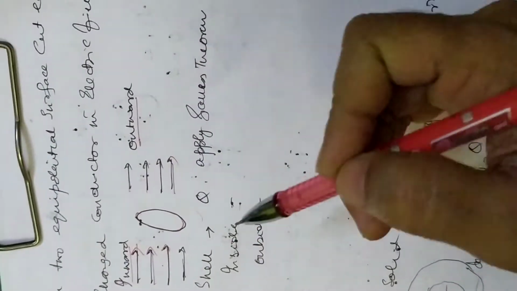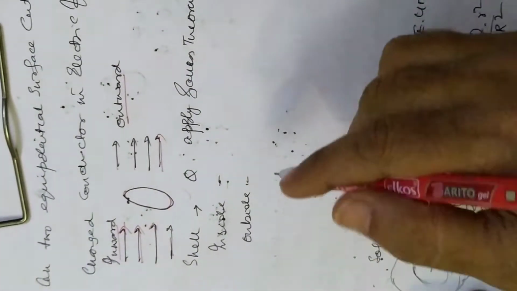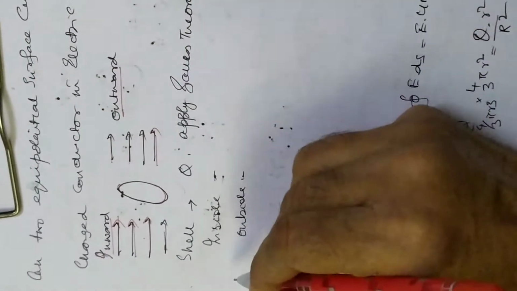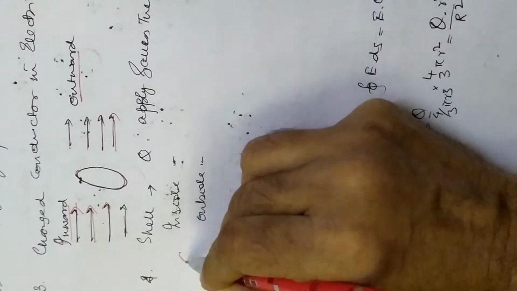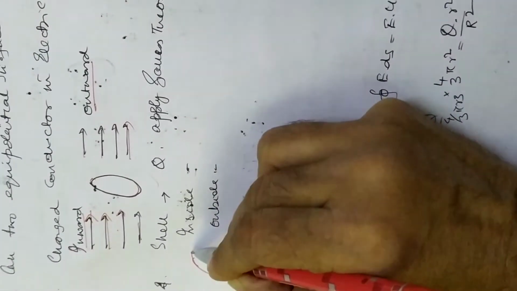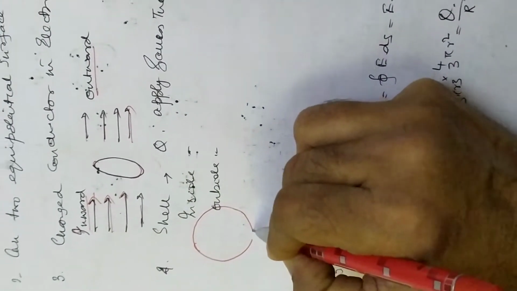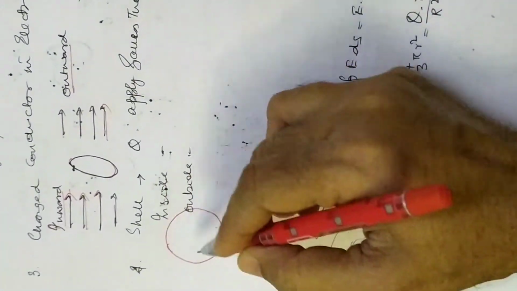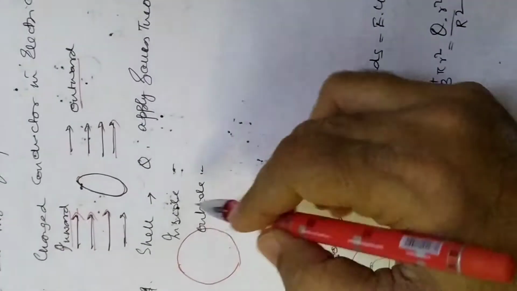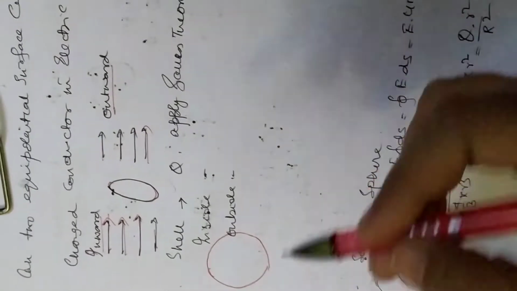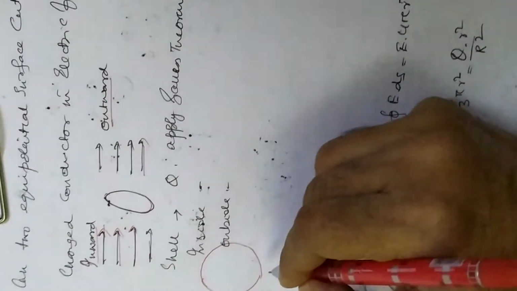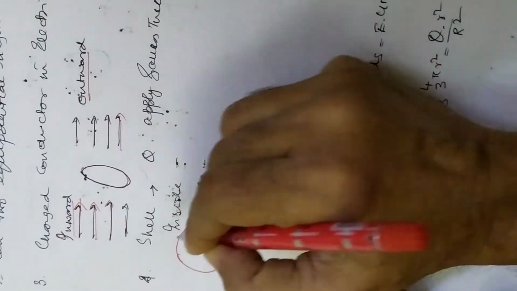Let us try another one. Suppose we are taking a shell. What is a shell? This is just a sphere, like a balloon, hollow inside. If you take a hollow sphere, this is called a shell. Suppose we are giving charges on this hollow sphere.